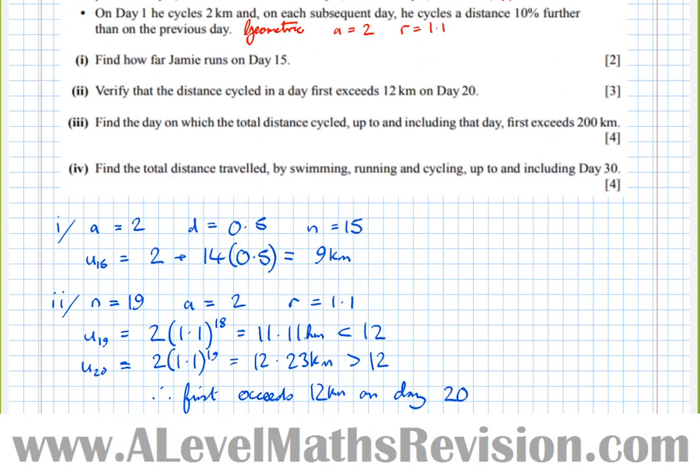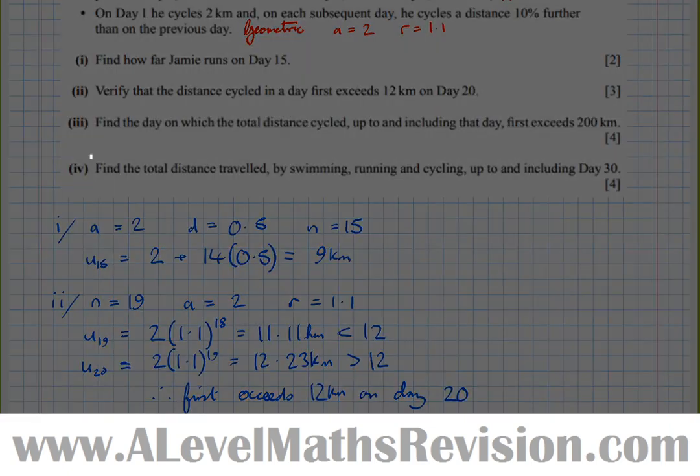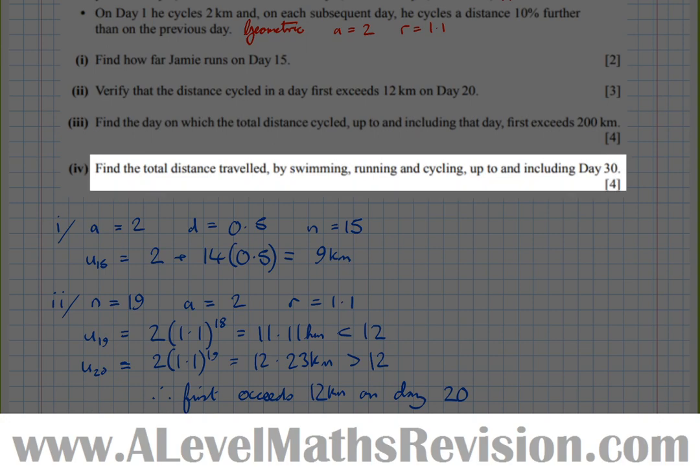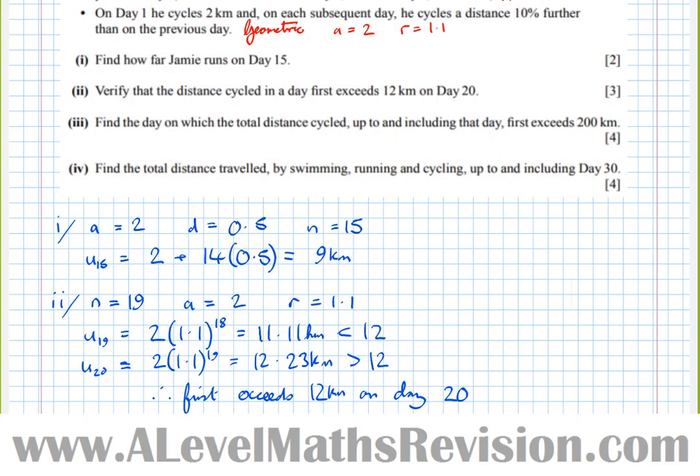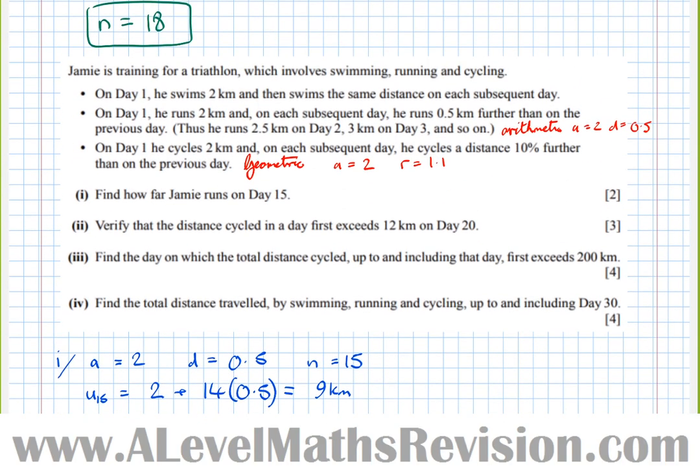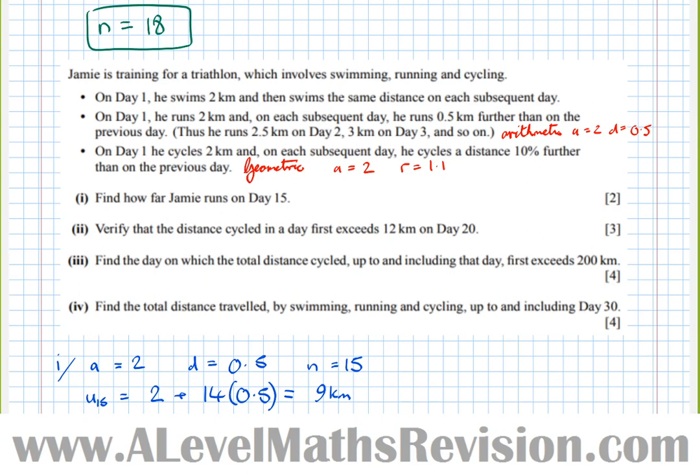So now find the total distance travelled by swimming, running and cycling up to and including day 30. So I'll just put this back up here. So 3 sequences that it wants you to find S30 for. I'll give you a moment to do that.